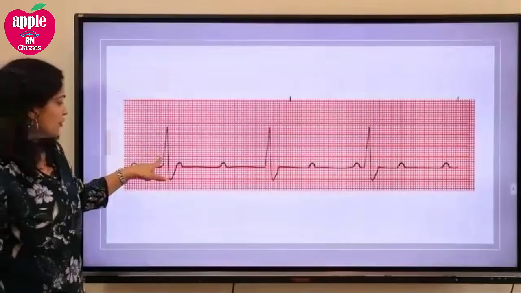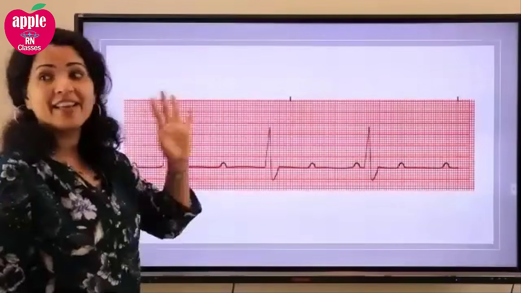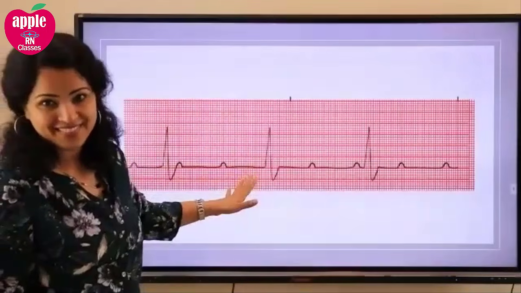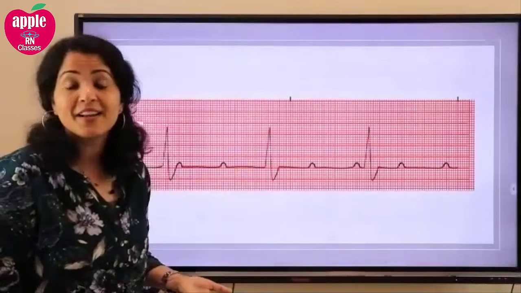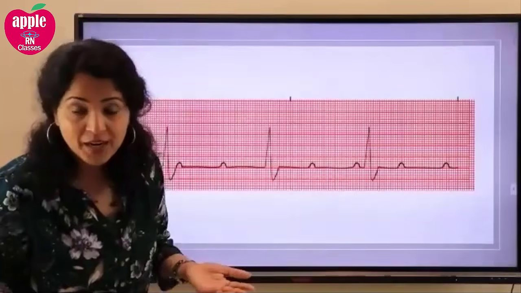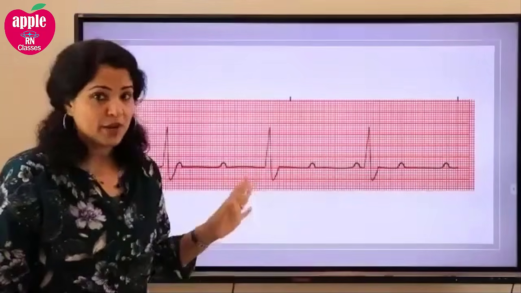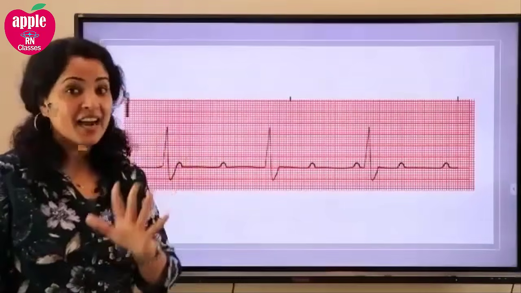There is a QRS, there is no P. So these two people are having their own separate life. The P is not looking at what the QRS is doing. The QRS is not waiting for the P to come. They are having their own way of life. So this is going to be the third degree heart block.